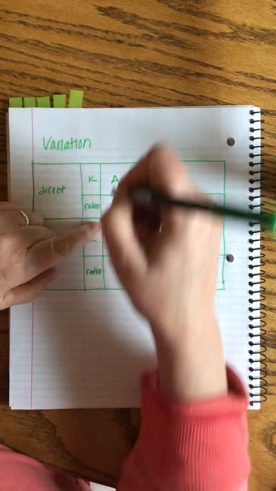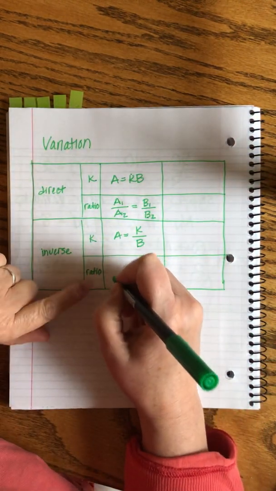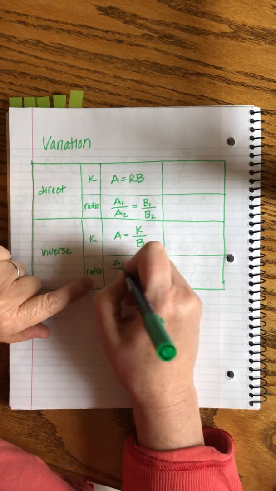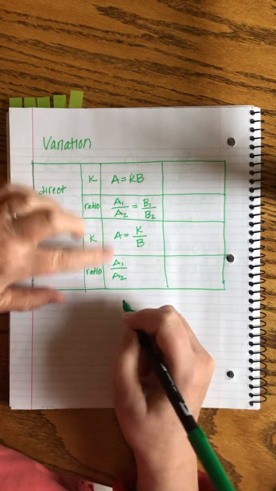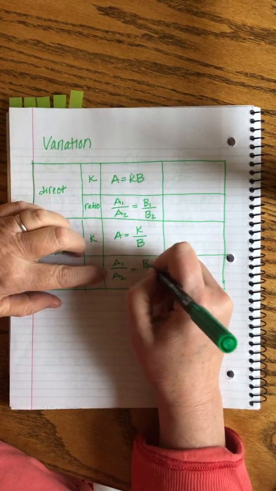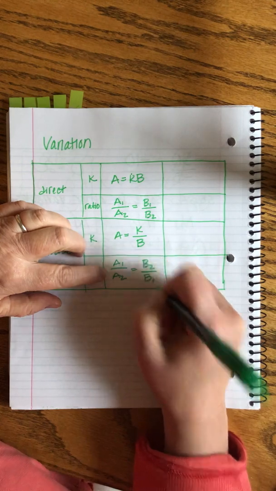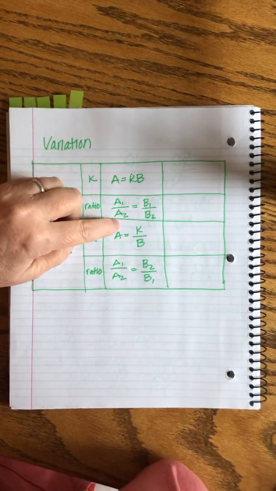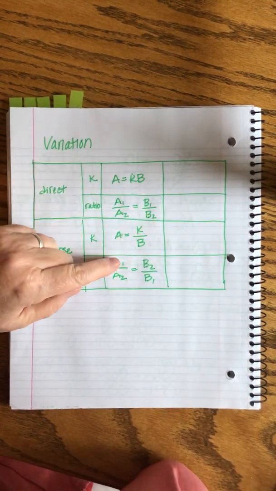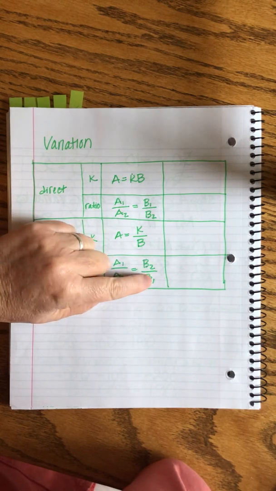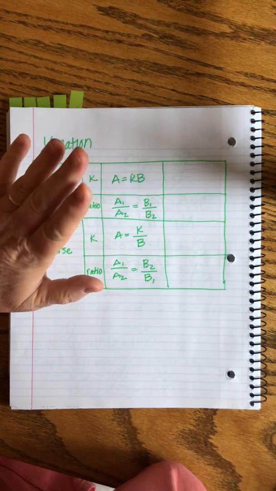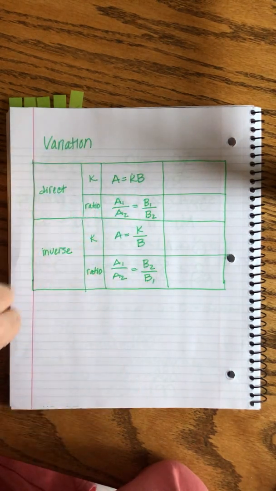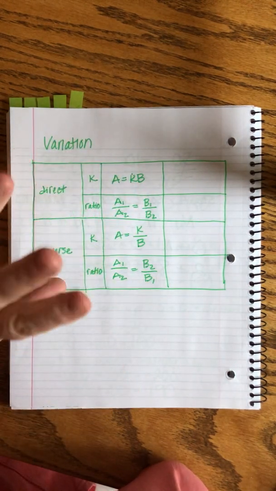And then the ratio method is kind of cool because you take first over second and then you flip. Notice this is B1 over B2, A1 over A2, but down here it's A1 over A2, B2 over B1, what? Okay? Now, that's a good summary of everything we learned up to a point.